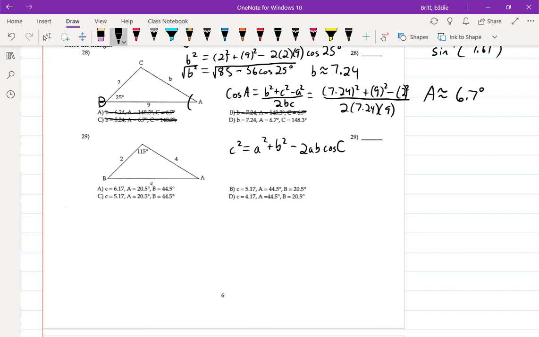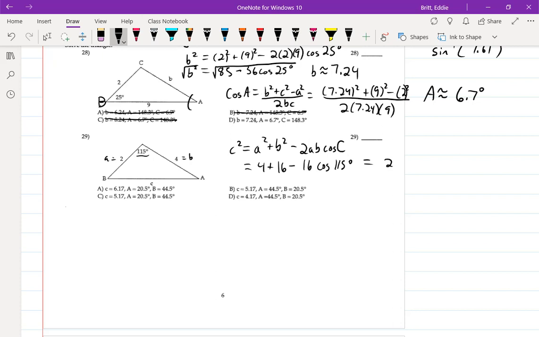All right, and so angle C is 115 degrees. So let's plug everything in. Side A is equal to 2, and side B is equal to 4. So that's going to be 2 squared, which is 4, plus 4 squared, which is 16, minus 2 times 2 times 4, which is 16, times the cosine of 115 degrees.